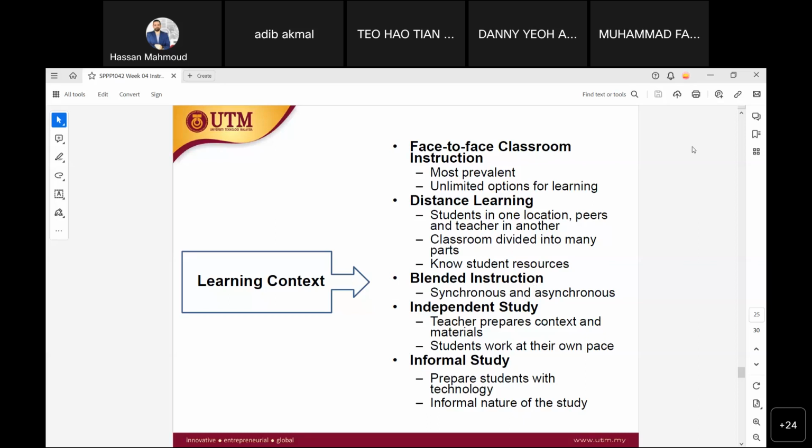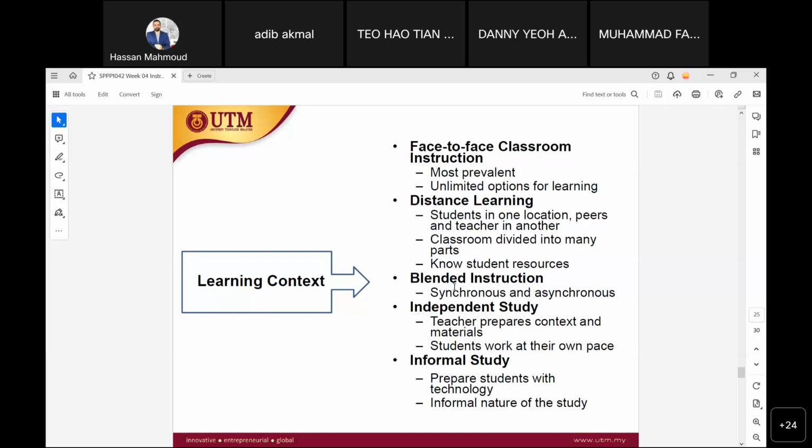You need to be able to differentiate between synchronous and asynchronous. What we're doing now is synchronous, right? Yet, if I give you a video recording and ask you to watch the video and leave a comment, with me here if you need any inquiry, this is asynchronous. I'm not here teaching you, but I am here for any inquiry or feedback.